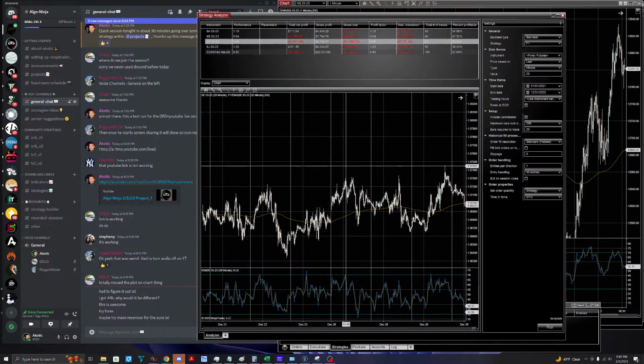Whereas the indexes are much more suited to those momentum environments and trend continuations. And that's, of course, where the element of having different types of strategies running on different types of products.